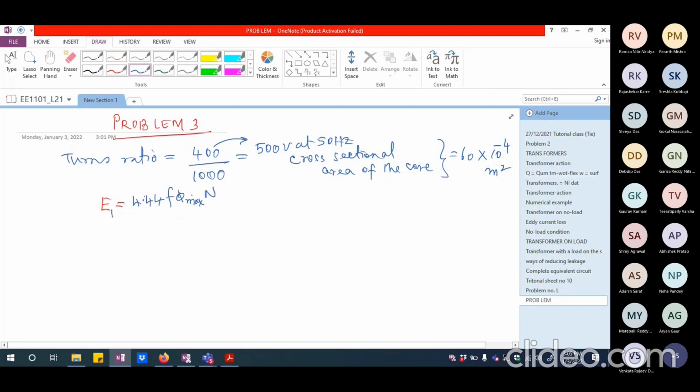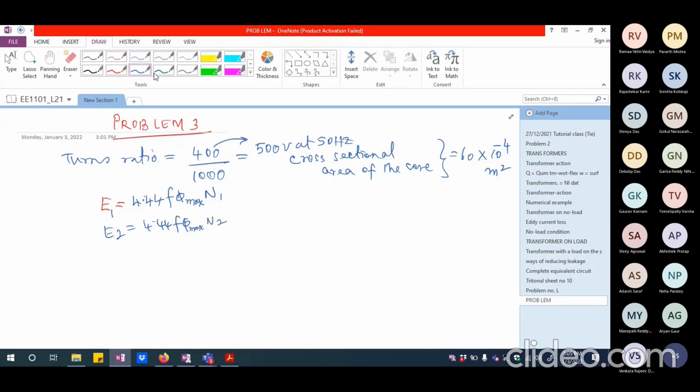So if I'm talking about E1, it will be N1. And if I'm talking about E2, all the other quantities will be the same because the frequency is the same for both primary and secondary. The flux is also common to both primary and secondary, and the number of turns is N2.